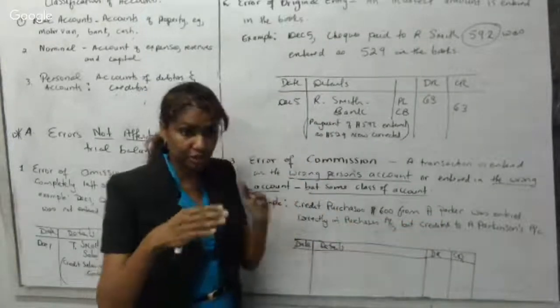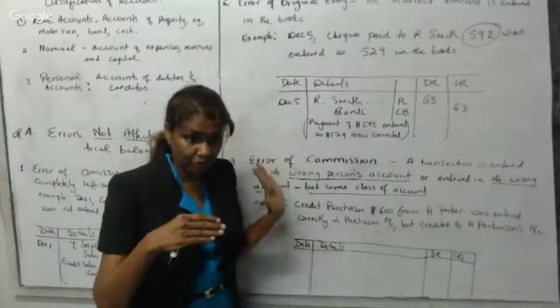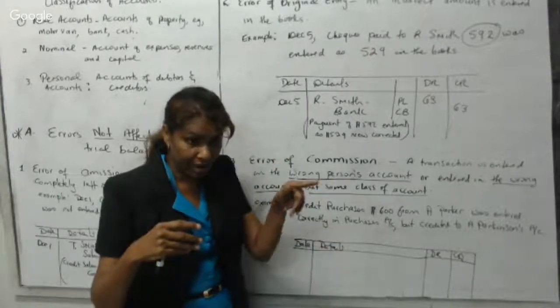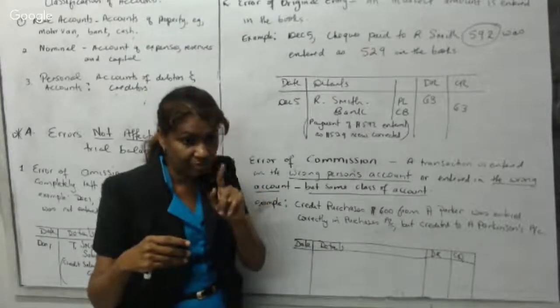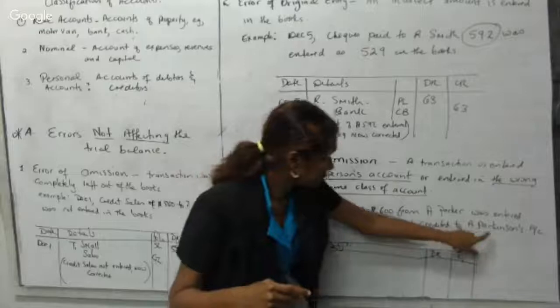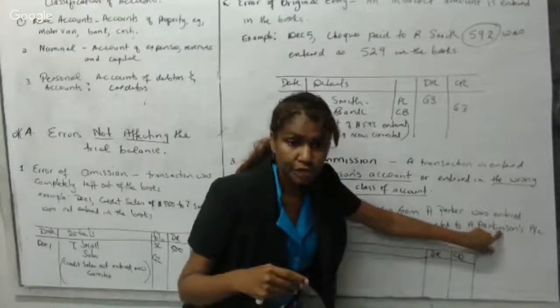Now the purchases was already written out, so that means the debit entry was fine. The credit entry to Parker's account, however, was not made. The credit entry was made instead to where? Parkinson. So we're going to make the correction now.